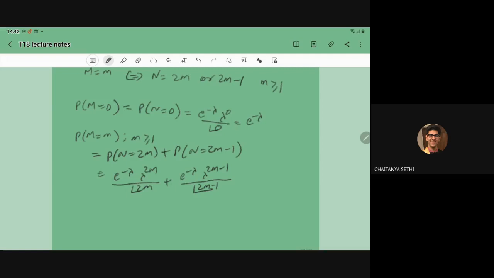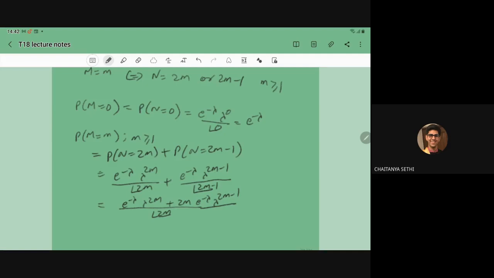If you take the LCM, factorial of 2m, we have e to power minus lambda, lambda to power 2m plus 2m e to power minus lambda, lambda to power 2m minus 1.